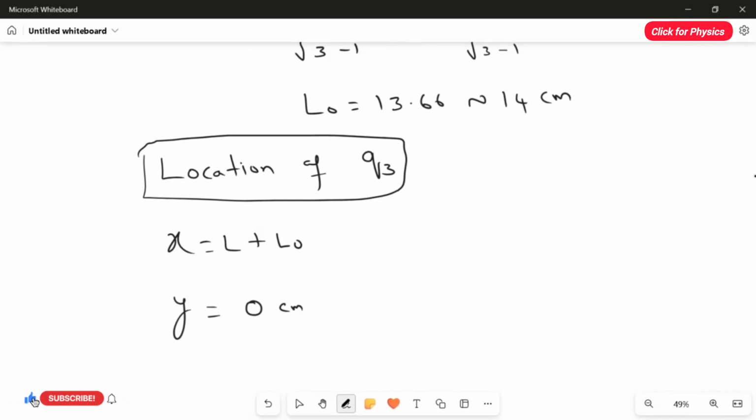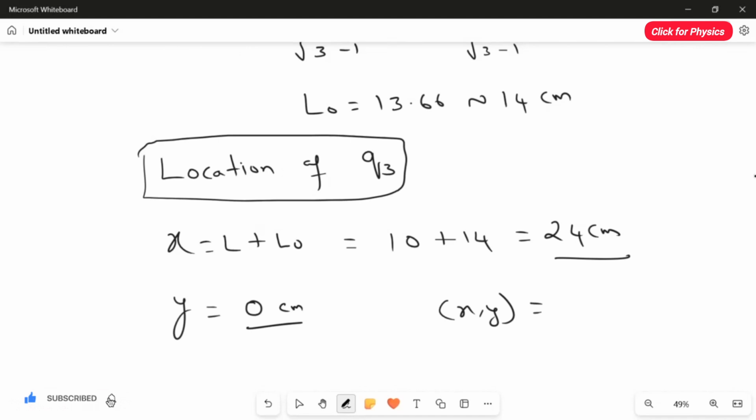L plus L naught, am I right? What's the value of L? 10 plus 14, which is equal to 24 centimeters. So the x coordinate of the third charge is 24 centimeters, and the y coordinate is 0 centimeter. So this is the answer: the x value and y value of this third charge is (24, 0).